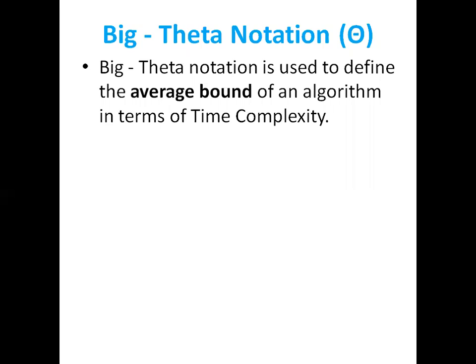The omega notation is used to denote the lower bound, and the theta notation is used to denote the average bound of an algorithm in terms of time complexity.